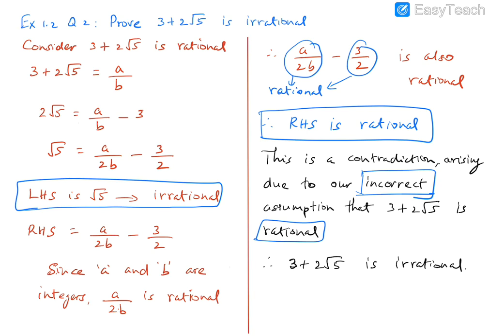But on the right hand side we have root 2 times a, and since a is an integer, root 2 times a is the product of an irrational number with a rational number. So root 2 times a is irrational.